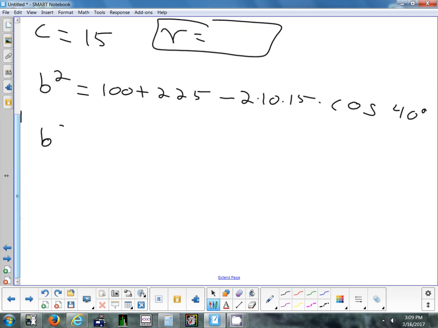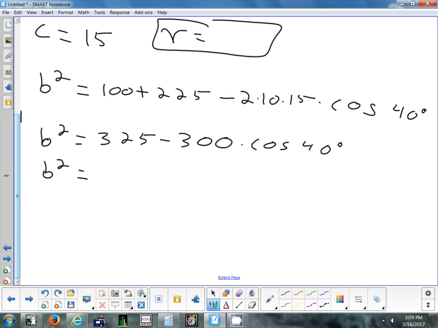All right, so we've got b squared, 100 plus 225. And then 2 times 15 is 30, and then 30 times 10 is 300, times cosine 40. Okay, what would you do next? Divide.